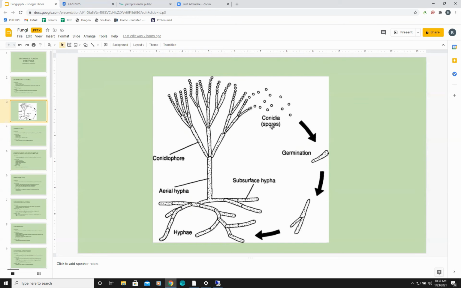So dematiaceous fungi are those which have pigment in their walls, and superficial fungal infection is commonly known as tinea. The dermatophytes that cause most commonly superficial infection are microsporum, trichophyton, and epidermophyton.